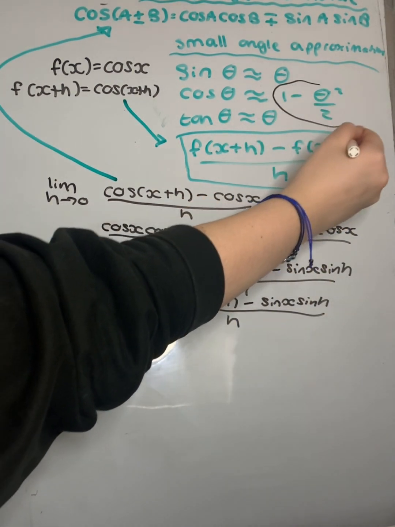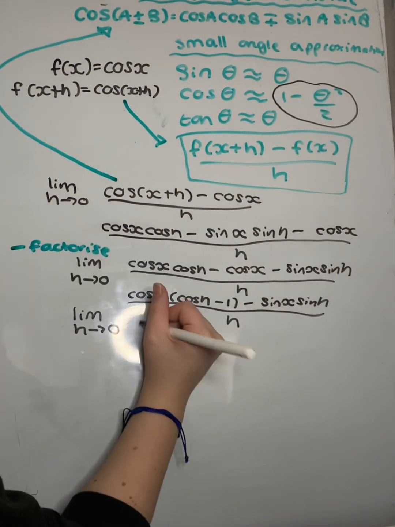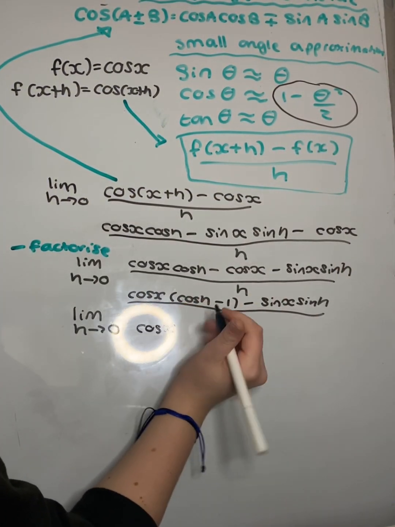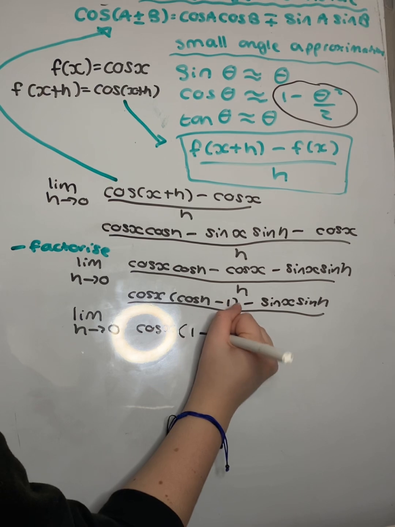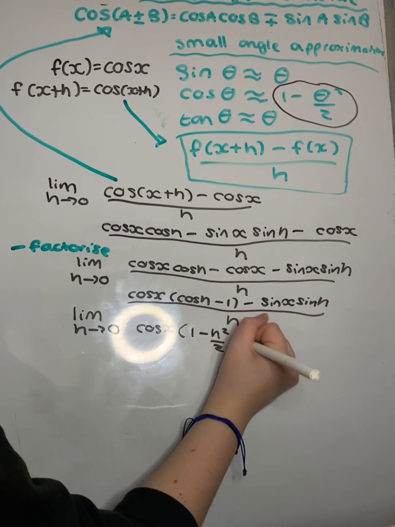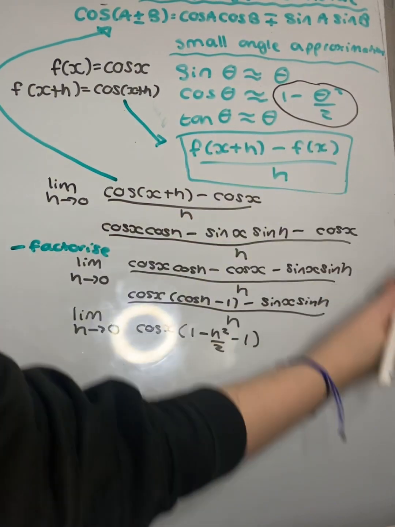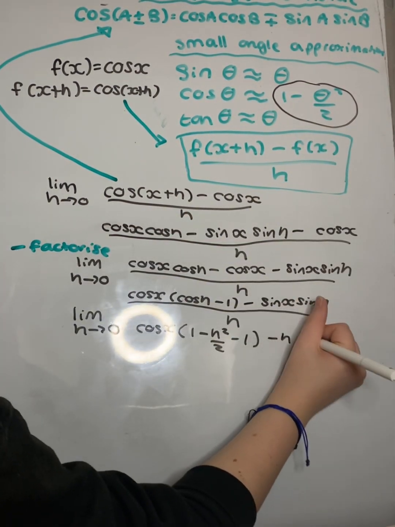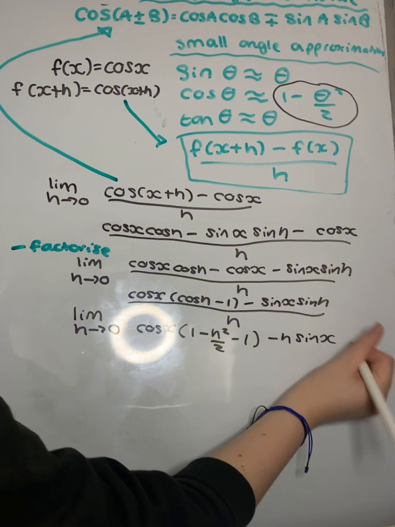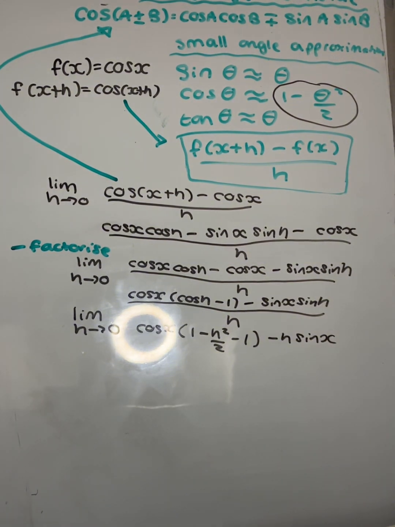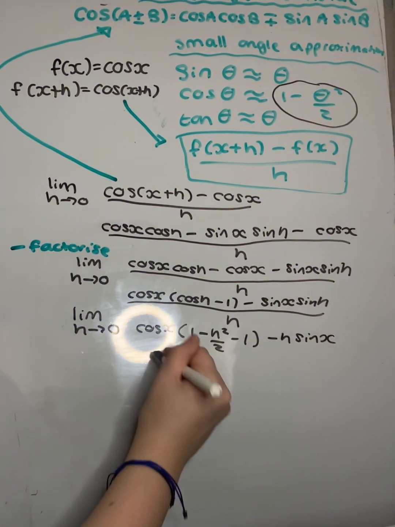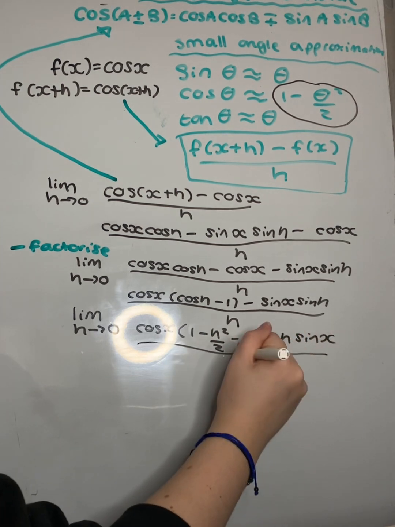So for cos of h, we're going to use cos of theta, so 1 minus theta squared over 2. So cos of x, 1 minus h squared over 2 minus 1, h squared instead of theta squared. The sin h just tends to h, so minus h sin x, all divided by h.